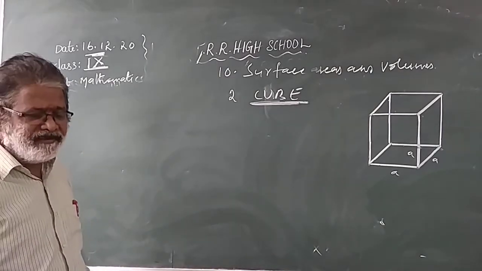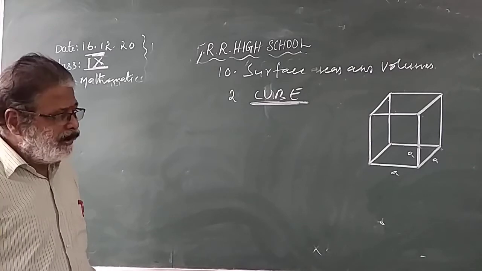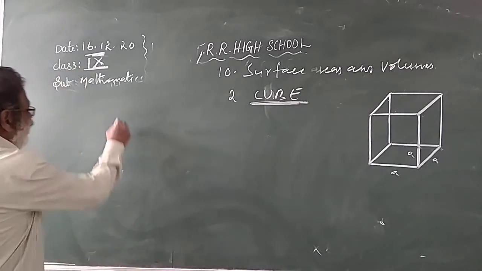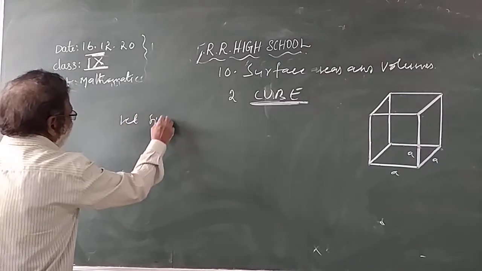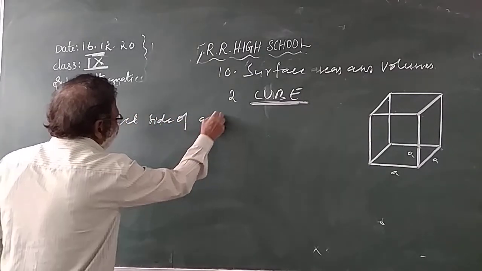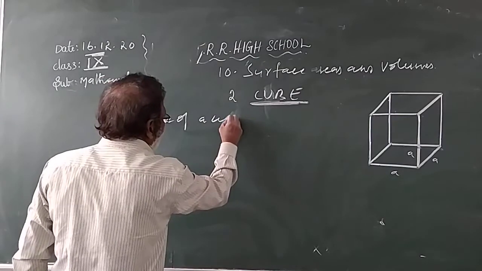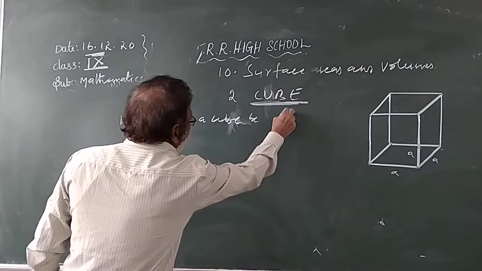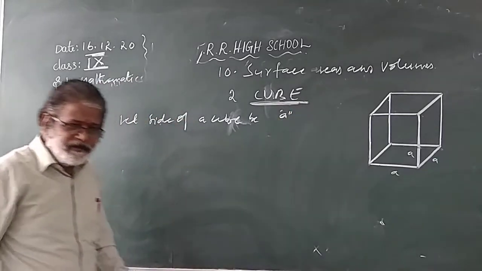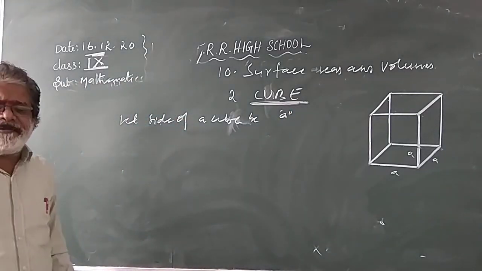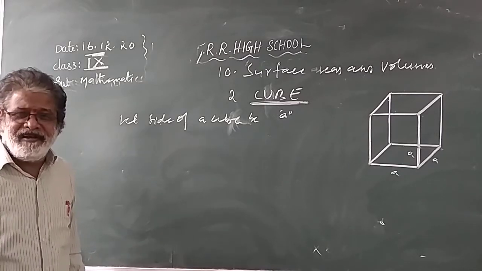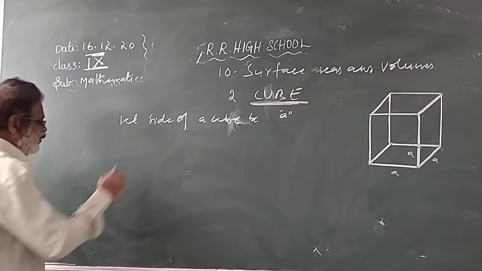Let the side of the cube be A. In the cube, length, breadth, height are equal: L equal to B equal to H.